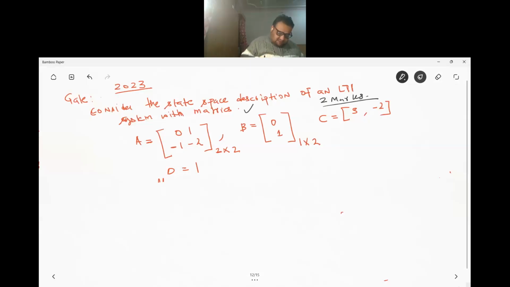For the input sine omega t, omega should be greater than 0.